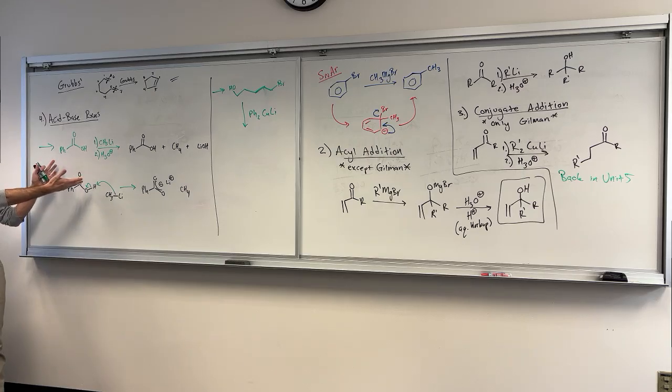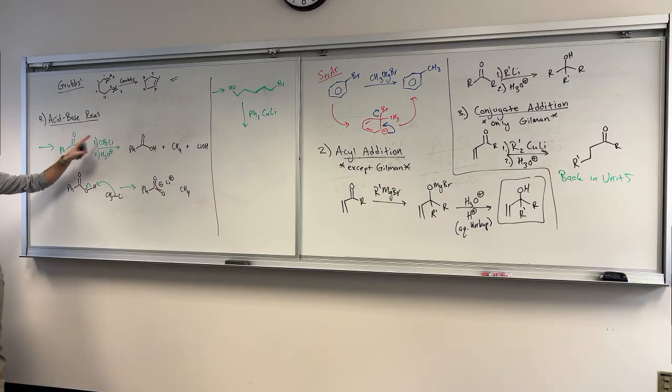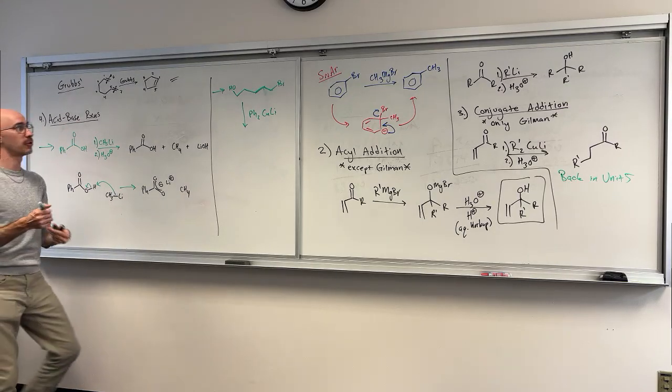And here I showed that you can run acid-base chemistry with organolithiums and Grignards. So I want to show you that you can also accidentally run acid-base chemistry with cuprates.